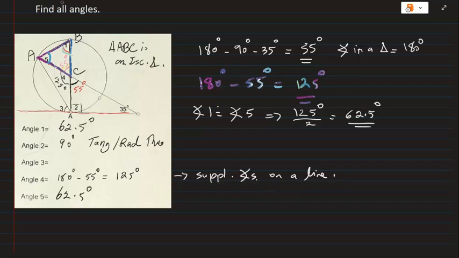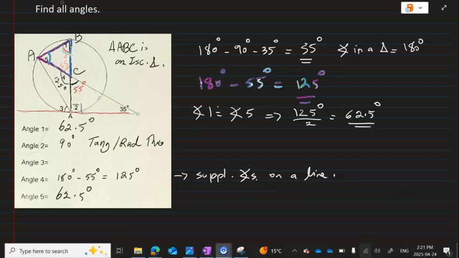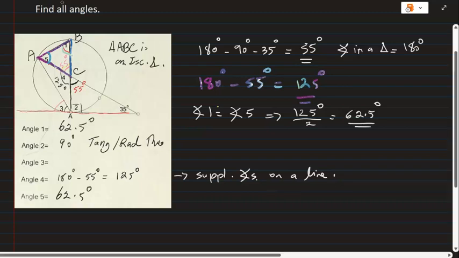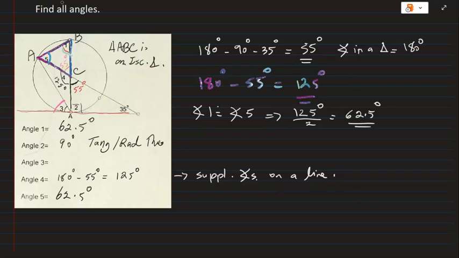For angle 3, we are going to use the tangent and chord theorem. The tangent-chord theorem says the angle between the tangent to a circle and a chord, which is angle 3 right here, is equal to the opposite inscribed angle to that chord.